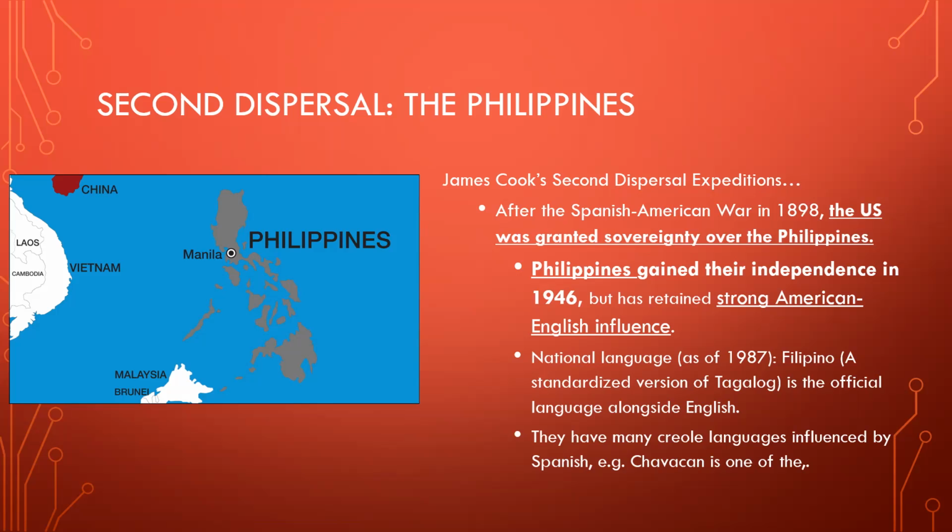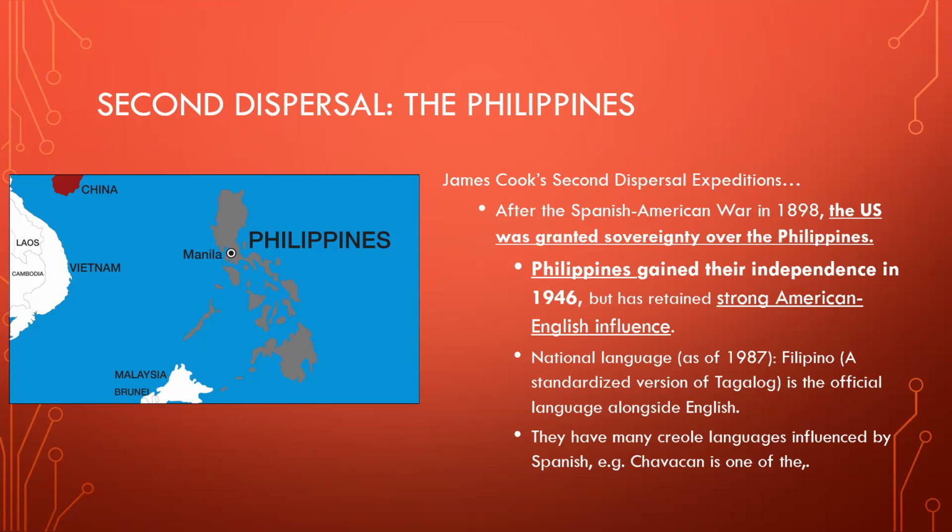The national language of the Philippines is Filipino, which is a standardized version of Tagalog. And this language, Filipino, is official alongside English. So even though they gained independence, much like East African countries that we mentioned and other countries, it still has an official status.